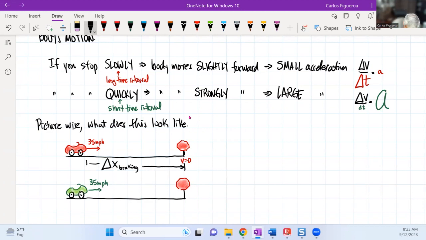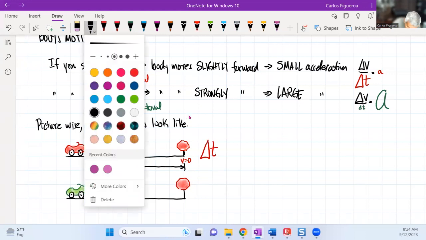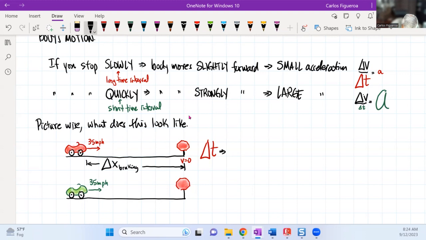And so you have a long time to come to rest. So what actually happens? Well, we're going to say here that this gives me a long braking time. Maybe I should say that this is delta t, and that implies that this is a long braking time.